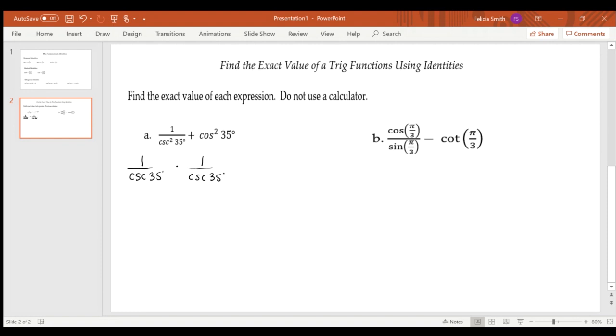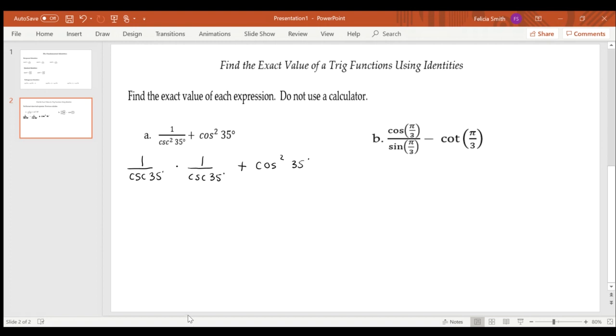Notice I didn't change the problem at all there. If you multiply 1 times 1, I'm going to get 1 on top. And cosecant of 35 degrees times cosecant of 35 degrees is what gave me that cosecant squared. And I still have the rest of the problem.